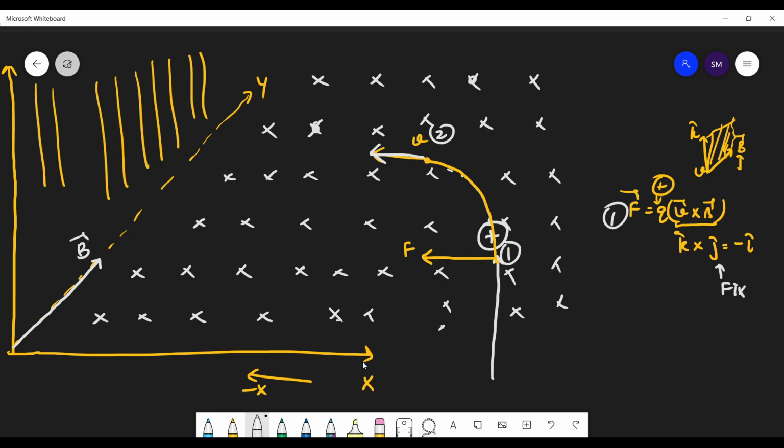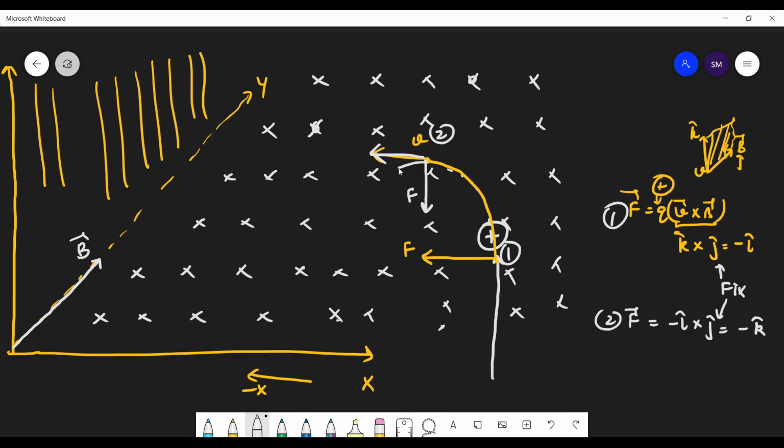That's along the minus x-axis, yes? So v is along minus x and B is along the j-axis. That's fixed. So what will be the direction of force? Minus k cap. So k cap is upward, this is downward, so that's the direction of your force.